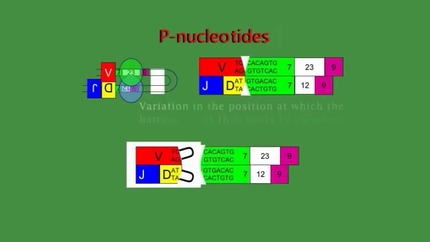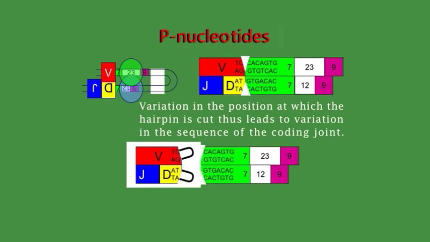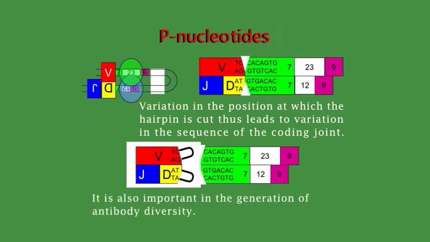The subsequent addition of complementary nucleotides to this strand, P-addition, by repair enzymes generates a palindromic sequence in the coding join, and so these nucleotides are called P-nucleotides. Variation in the position at which the hairpin is cut does lead to variation in the sequence of the coding join. Therefore, it is also important in the generation of antibody diversity.